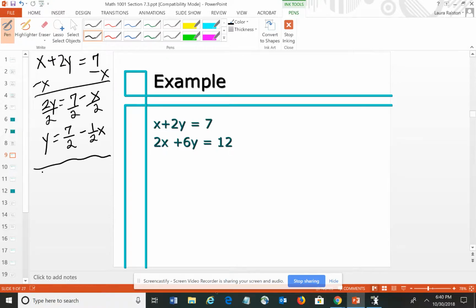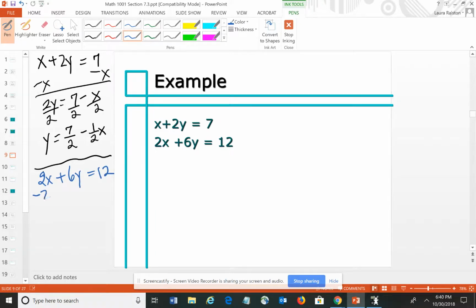Then I'm going to do the second equation using the same process. I have 2x plus 6y equals 12. Subtract 2x from either side. I have 6y equals 12 minus 2x. Divide all the pieces by 6.